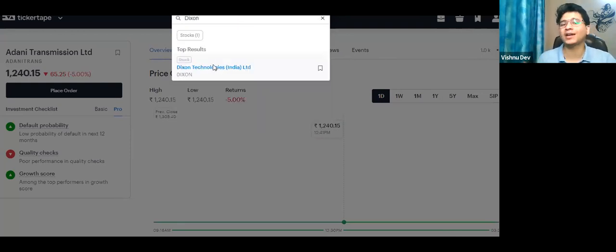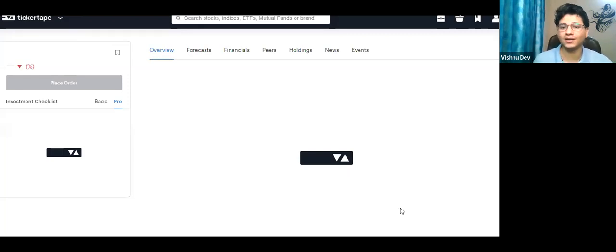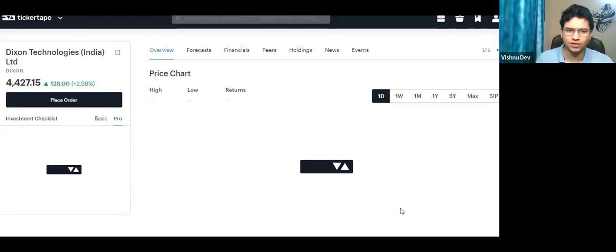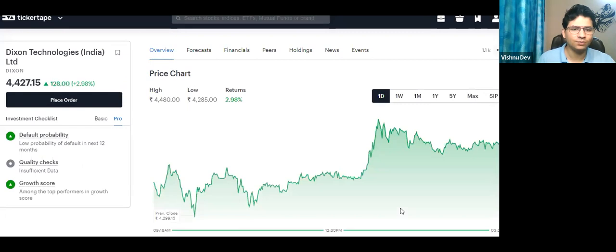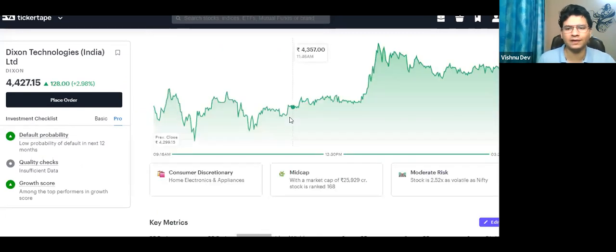Depending on the market capitalization, this ranking changes. Dixon was small cap one year ago. Now it became mid cap because the stock prices went up.